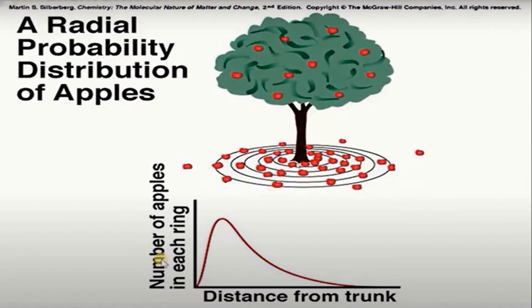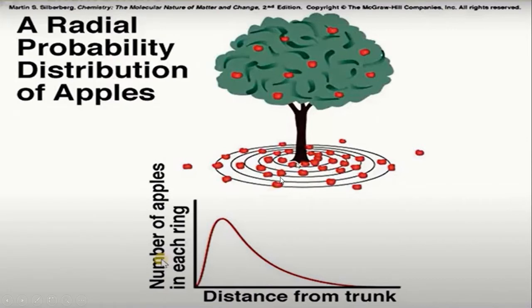But before that, let us look at what a radial distribution function is. Let us consider that this is an apple tree, and these are some apples that have fallen on the ground. Now let us draw some spherical shells around these apples.